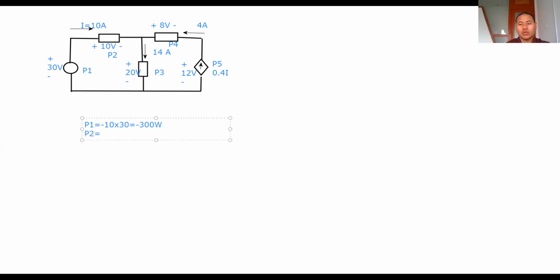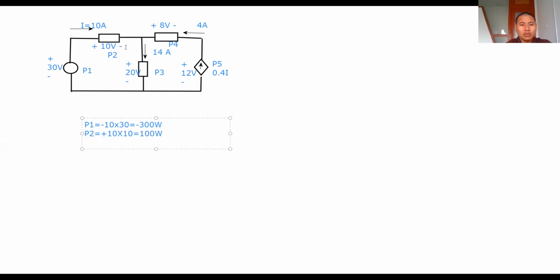Similarly, to calculate P2, the same current is entering from plus to minus. So we have to give plus 10 ampere times 10 volt, which is plus 100 watt.